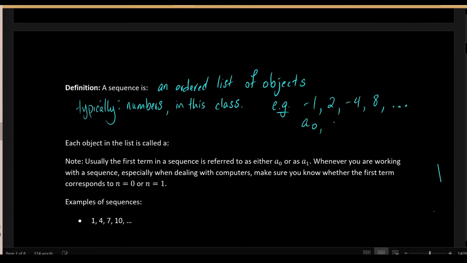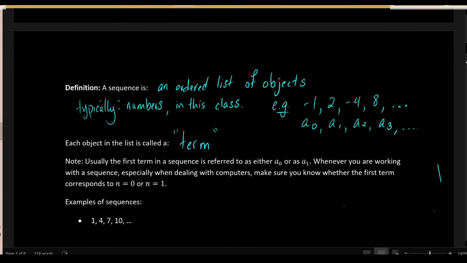The second number would be A with a subscript of 1, the third number A sub 2, the fourth number A3. So we start counting terms from 0 is traditional, especially in computer science applications. And each one of these individual numbers in the list is officially called a term.